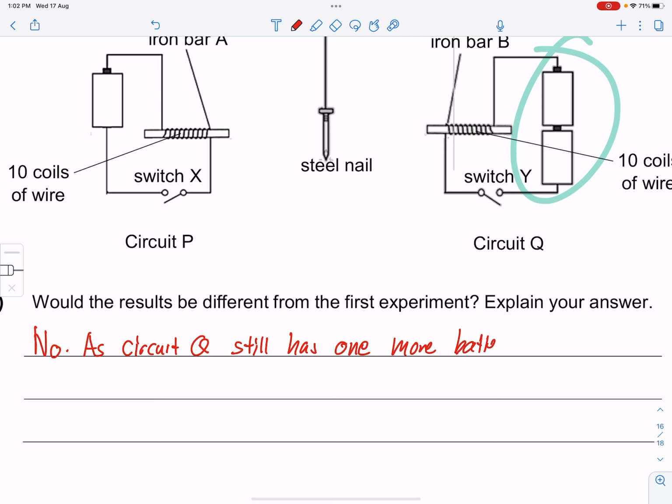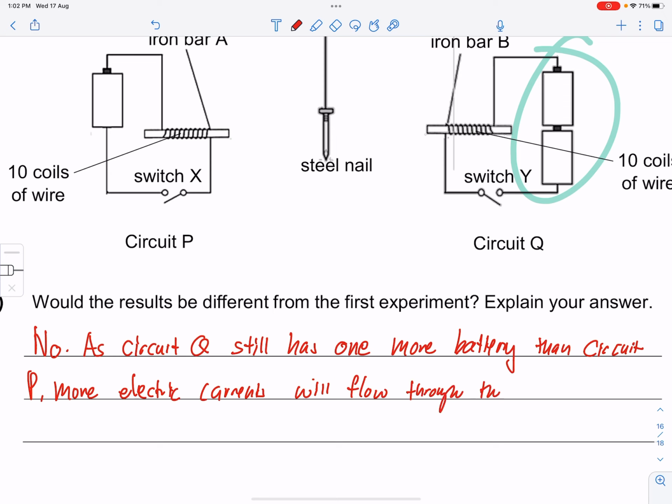One more battery than circuit P, more electric current will flow through the circuit, making iron bar B a stronger electromagnet than A.